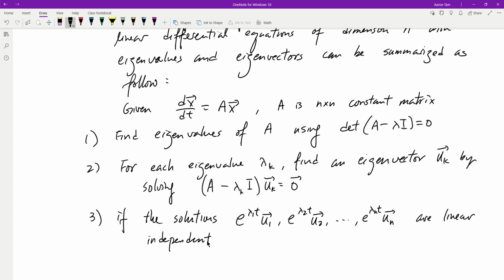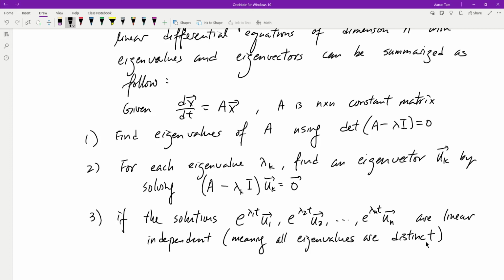Even though you are guaranteed to find n eigenvalues with the corresponding n eigenvectors, the problem is some of them might be repeats. So when I say the solutions listed here are linearly independent, I mean that all the eigenvalues are distinct. There's no repeated eigenvalue.